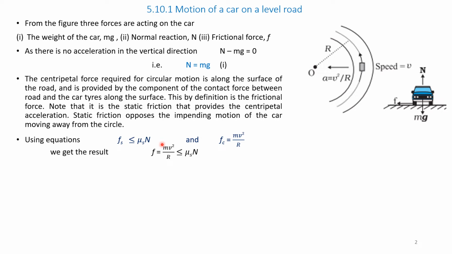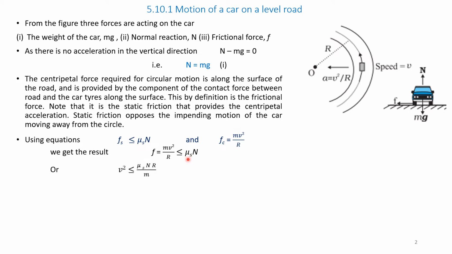And the second equation is Fc, the force due to circular motion, is equal to mv square by r. Combining these two, we get the result F is equal to mv square by r, that is less than or equal to mu s into N.